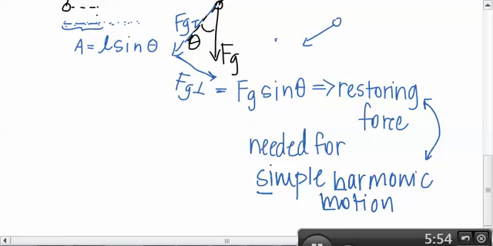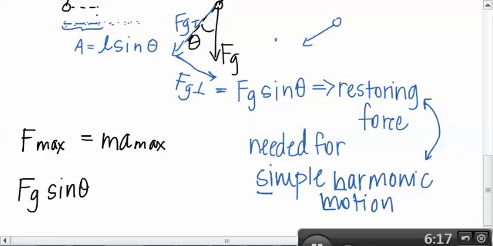All right, so this force right here would be a maximum when I pull it back to the maximum height. So let's see. If we have the maximum force and F equals ma, then that would be a maximum acceleration, right? And our maximum force when we pull it back to theta would be Fg sine theta. And let's see, what is A max for this harmonic repetitive motion?